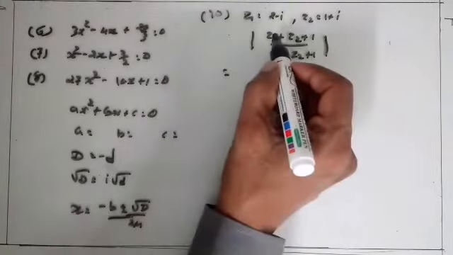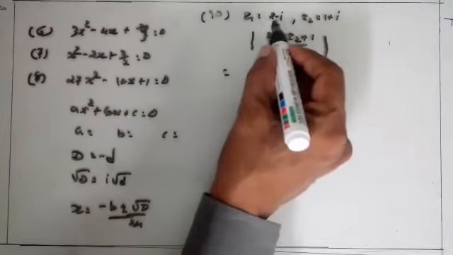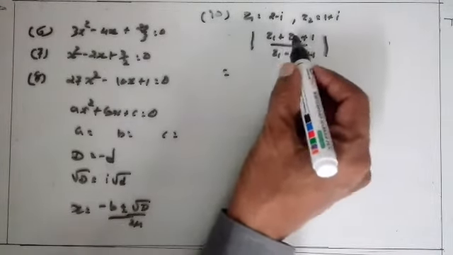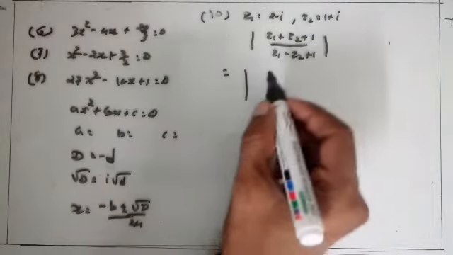You know that z1 equals this and z2 equals this, so replace z1 and z2 in this magnitude.